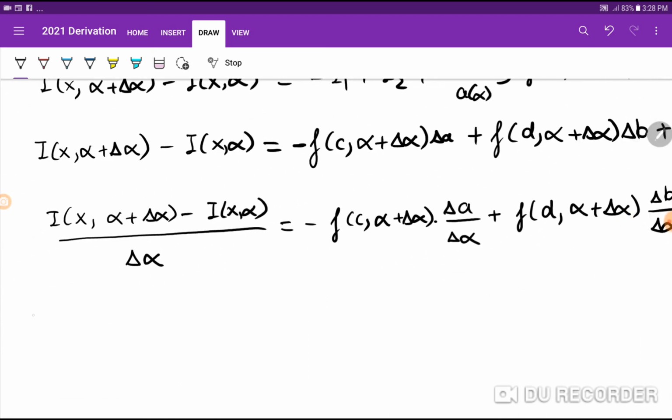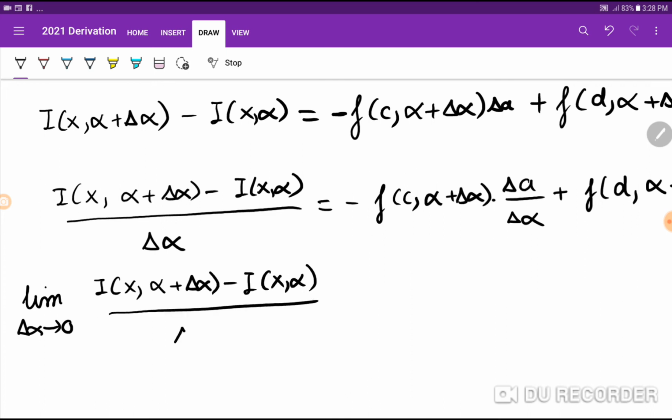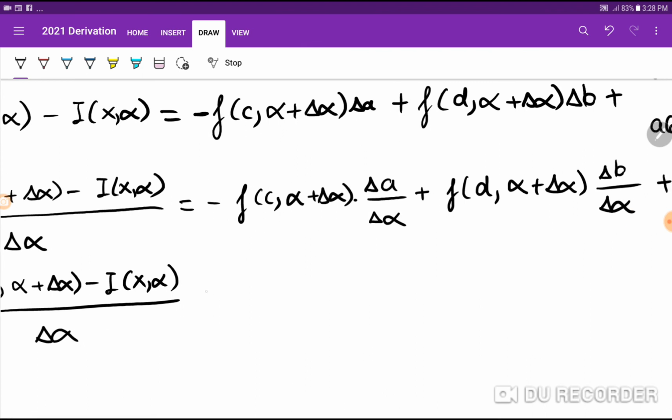Now I'm gonna do the important part. What I'm gonna do is take the limit as delta alpha goes to 0. I of x alpha plus delta alpha minus I of x alpha over delta alpha, what does it equal to?